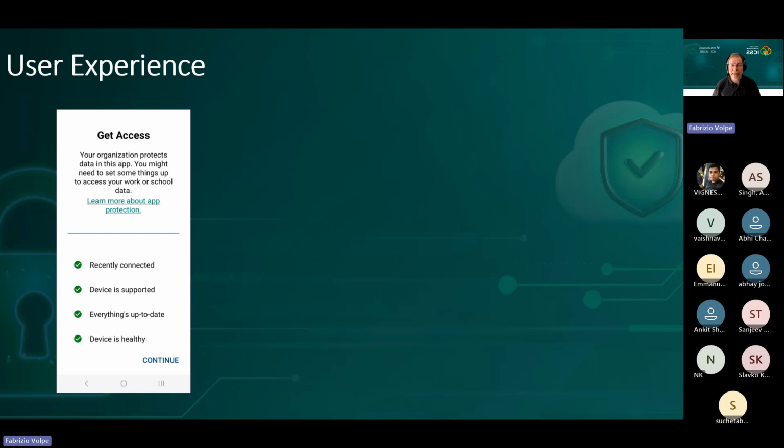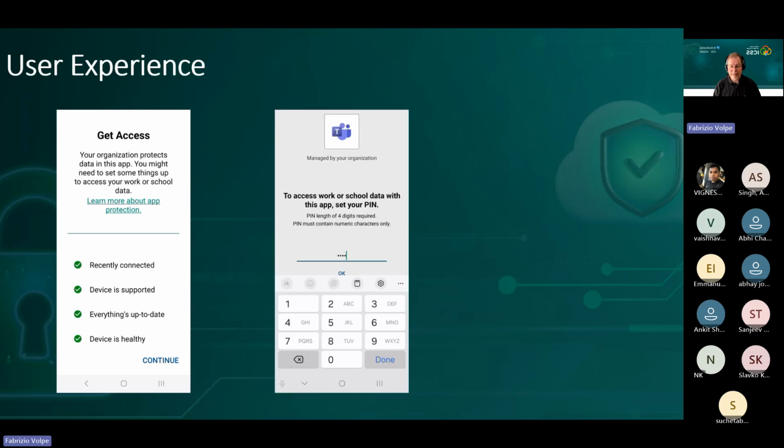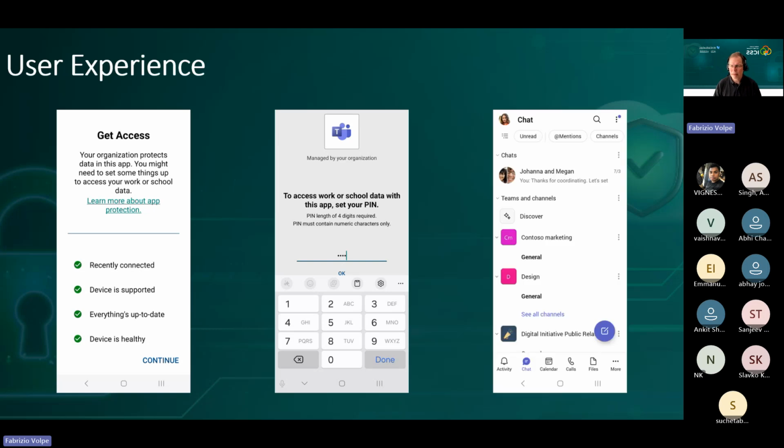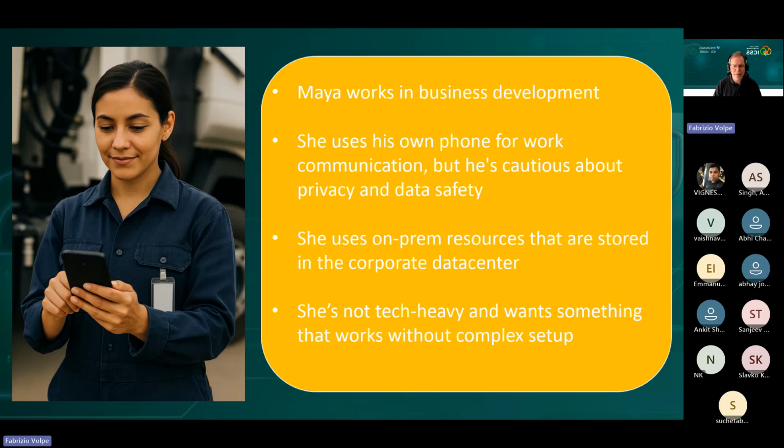When I open the corporate mail, well, in that case, I have this message that says, okay, I have applied that list of controls, your device is okay for the corporate data, but for corporate access, I want you to use a PIN. So create a PIN just for the corporate apps, okay? This is not about your phone, your personal phone, whatever you use, I don't care. This is just for the corporate Outlook, corporate Teams, and so on. And here you go. In this case, the user is able to open Teams and work.